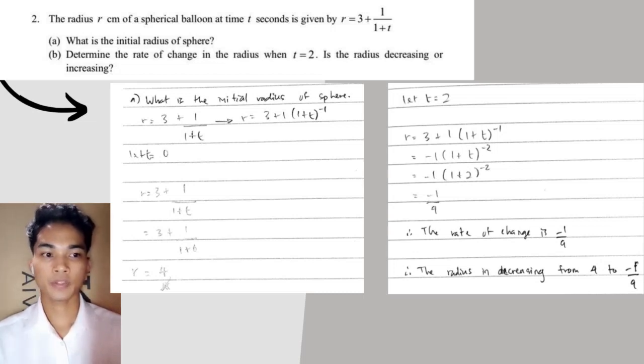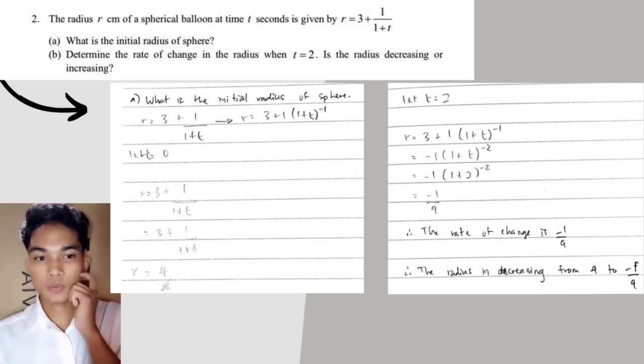So the rate of change in the radius when t equals 2 is minus 1 over 9 centimeter per second. And we know that the radius is decreasing because the rate of change is negative.